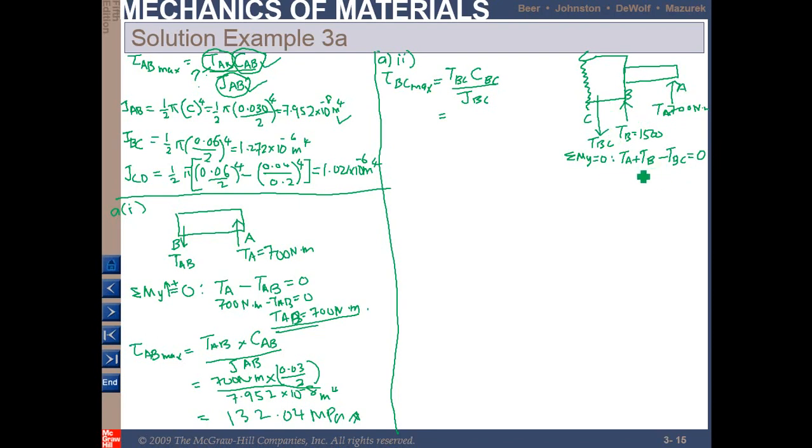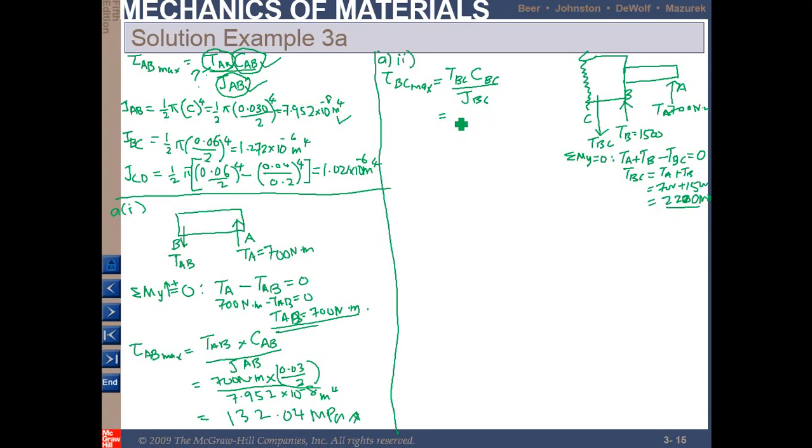That's why plus and minus play the role. So TBC is equal to TA plus TB, so 700 plus 1500, which is equal to 2200 Newton meter.